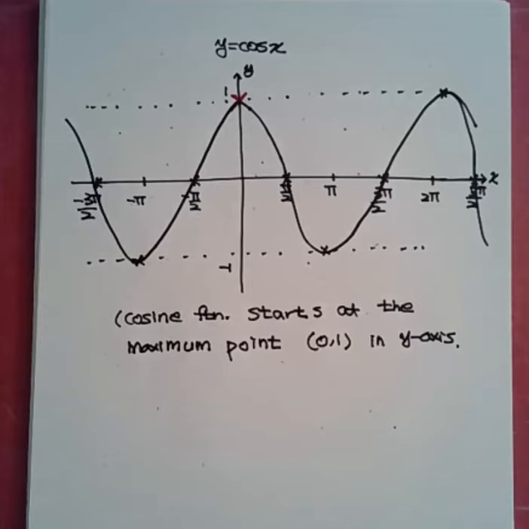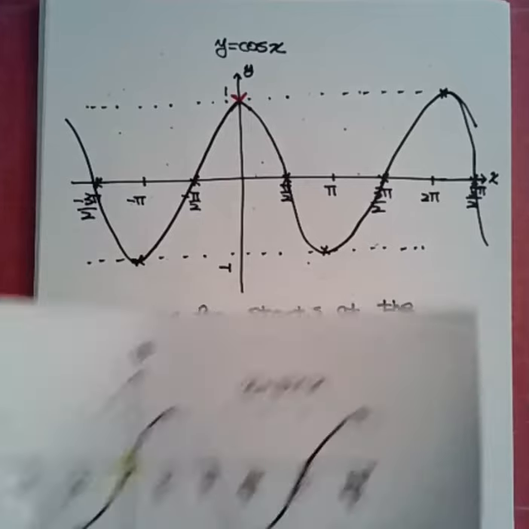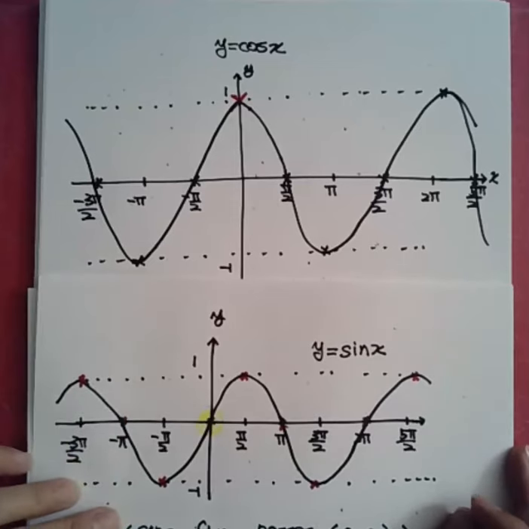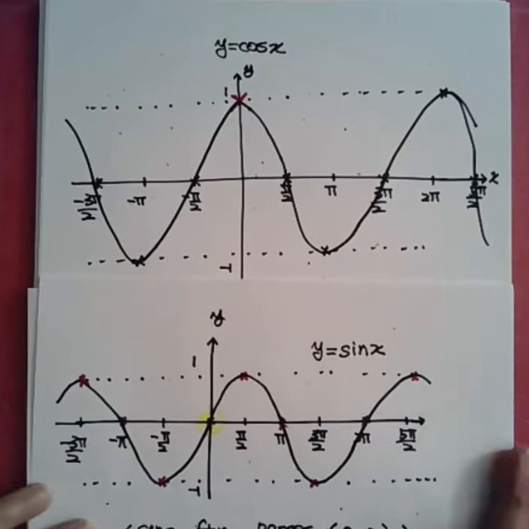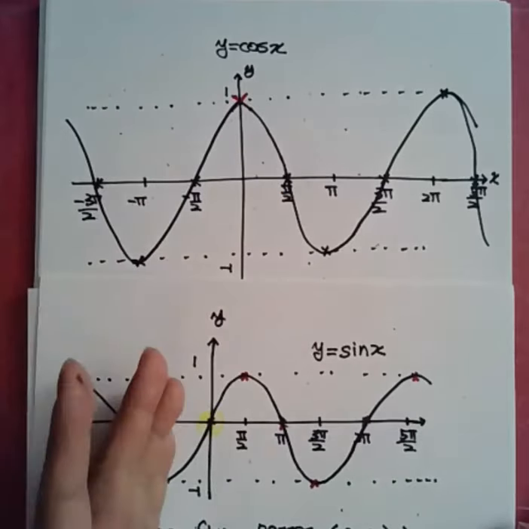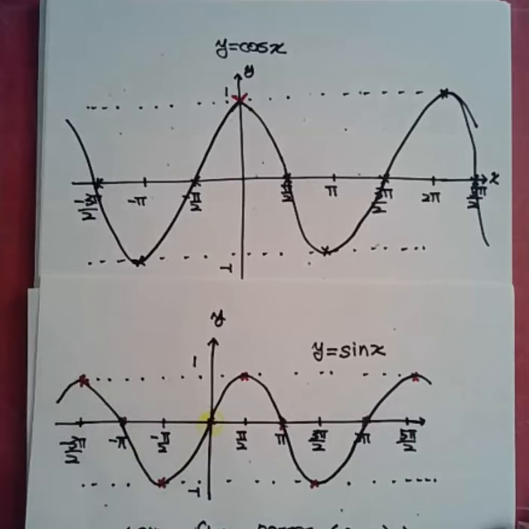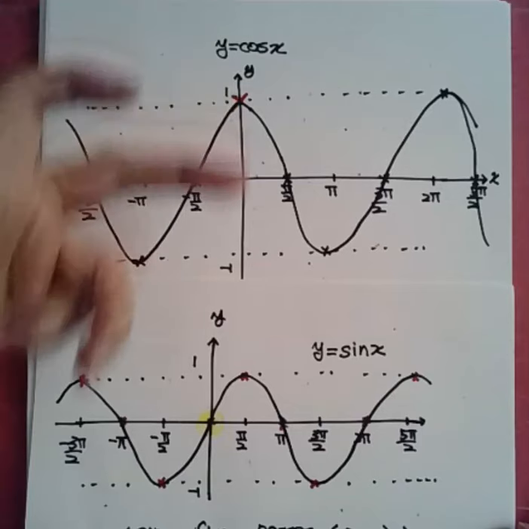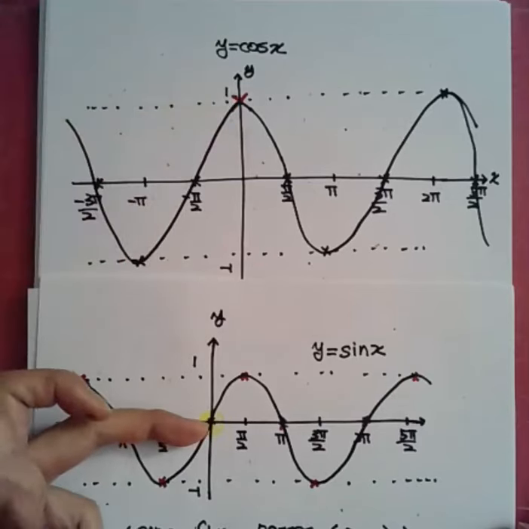This is a cosine function, and this is a sine function. Those look very similar. Indeed, cosine function is shifted to the right pi over 2 amount to be identified with sine function. What you have to remember very clearly is cosine function starts at the maximum point and sine function starts at 0.